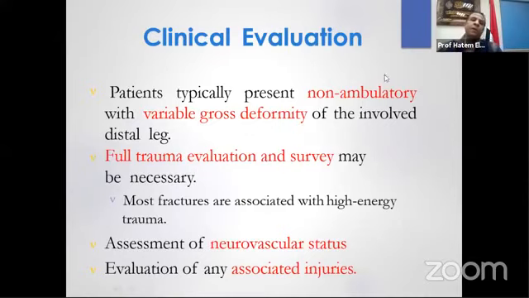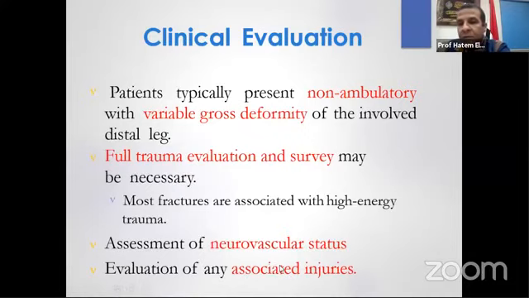Clinically, the patient presents non-ambulatory with variable gross deformity of the involved distal leg. Full trauma evaluation and survey may be necessary. As we said, this fracture is associated with high energy trauma, so the associated injuries must be evaluated.